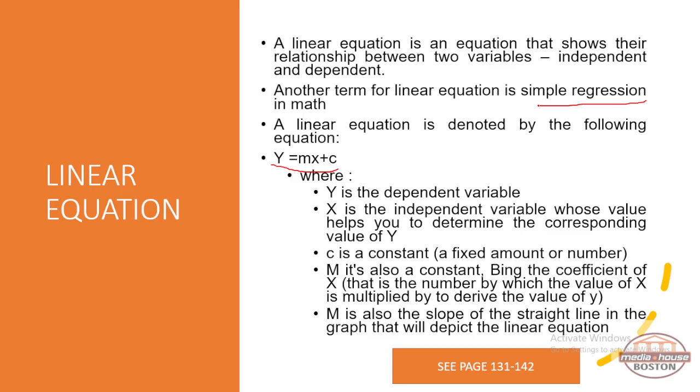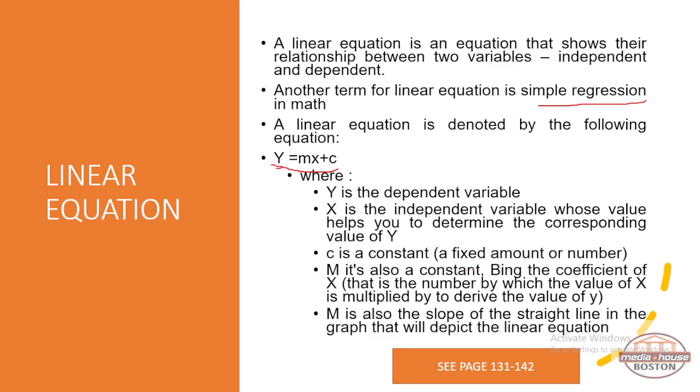But in a business environment, we use the linear equation to estimate future cost. So we've got y equals mx plus c, where y represents the dependent variable, and x is the independent variable whose value helps you determine the corresponding value of y.